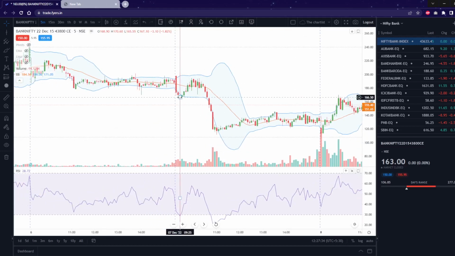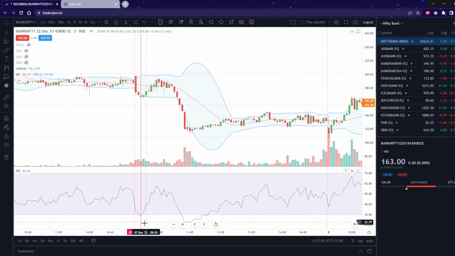Now once you get this kind of condition where RSI has become oversold, see whether the price is also trading below the lower band of the Bollinger indicator. Yes, we can see the price was also trading below the lower band of the Bollinger indicator. Then you need to take an entry on a candle which is closing slightly above the lower Bollinger band.